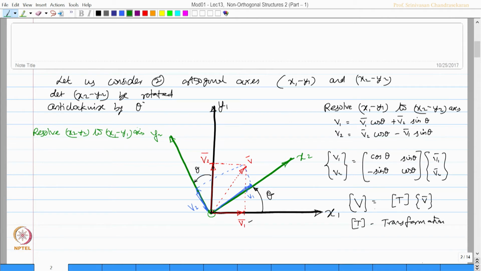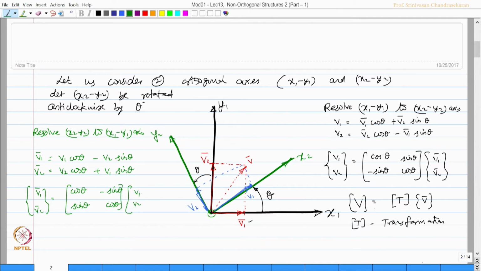So, by that logic I should now find out V 1 bar and V 2 bar, which will be V 1 cos theta minus V 2 sin theta, and V 2 bar will be V 2 cos theta plus V 1 sin theta, expressing this in a matrix form: cos theta, minus sin theta, sin theta, cos theta, of V 1 V 2.